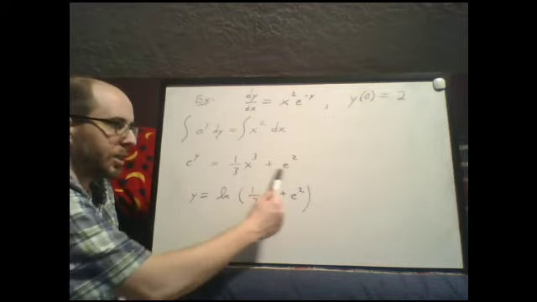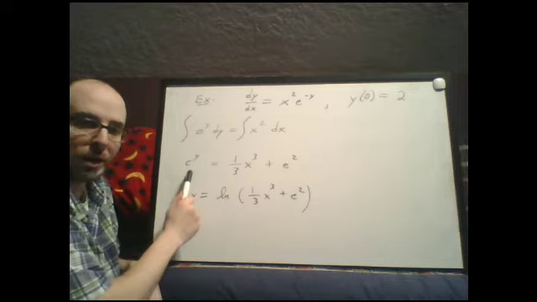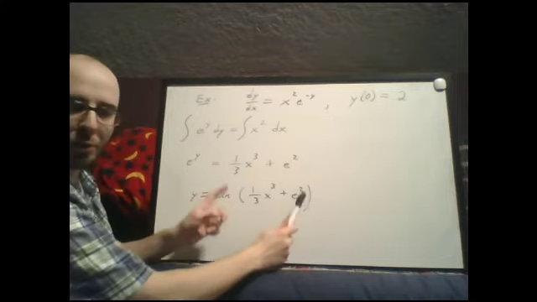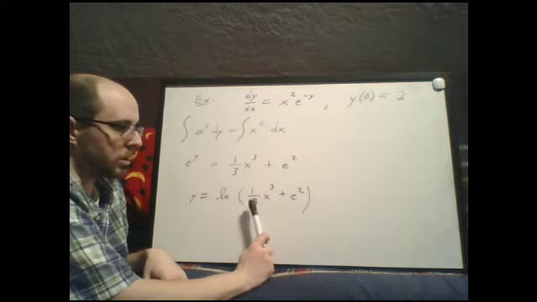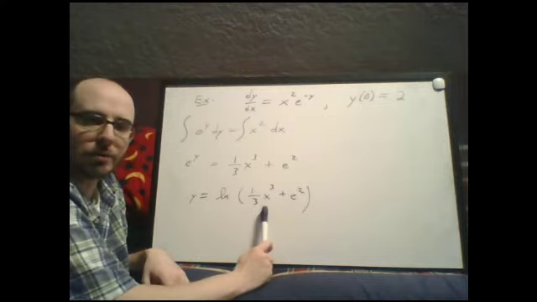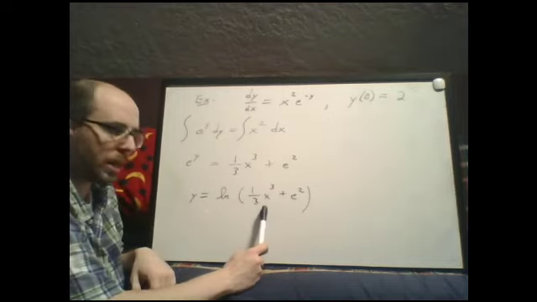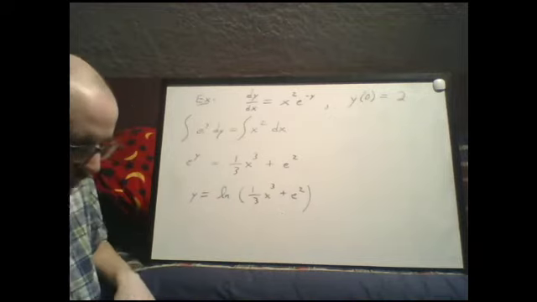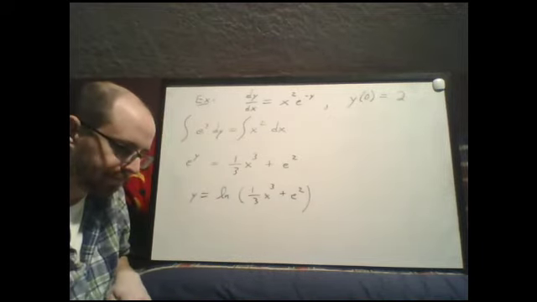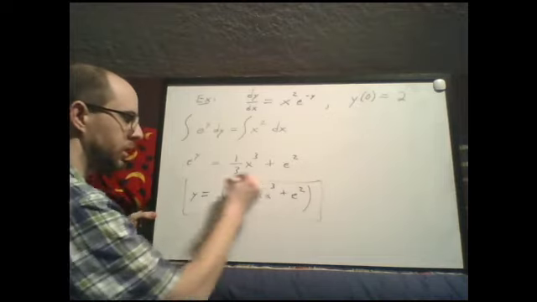But I can treat this expression as a positive number because it's equal to e to the y, so when I take ln, I don't need to bother with absolute values, because this has to be positive. But then the domain of this function will be only those x values which make this inside stuff positive. Right? So this is our solution to the initial value problem.